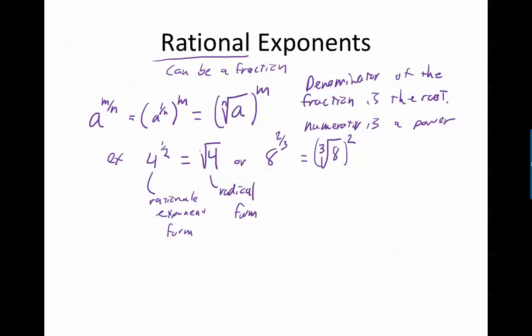So we can go back and forth between these forms because looking at just the root, this tells me that the denominator of the fraction is 2. And the power is 1, whereas this one tells me that the denominator of the fraction is 3 and the numerator is 2. So it's something that we can go back and forth.